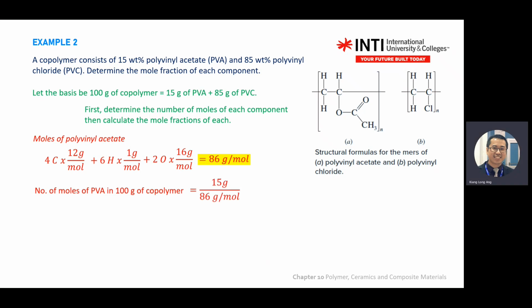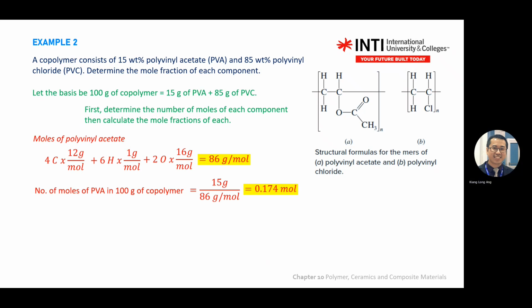You just take 15 gram because you only have 15 gram of PVA, 15 divided by 86. You get 0.174 mole.